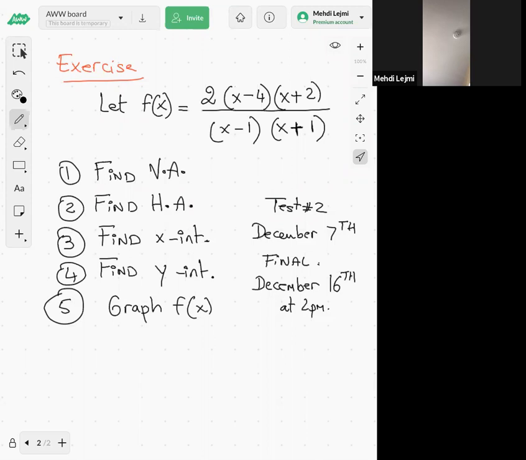There are 2 chapters left, chapter 3 and chapter 4. Chapter 3 is about logarithmic and exponential functions, so we're going to have probably 2 lectures on it because they are really important. And we have 2 lectures about chapter 4, the trig functions.